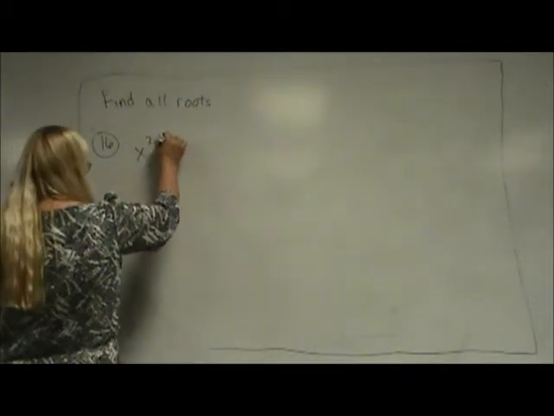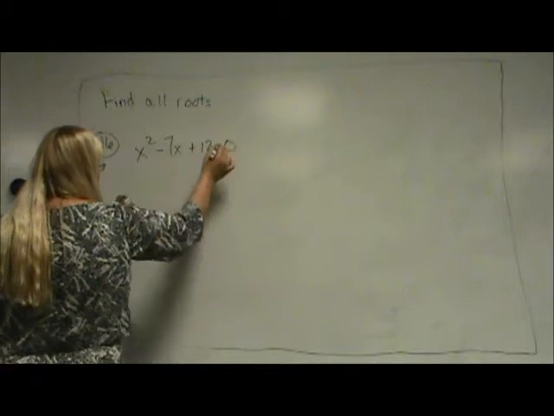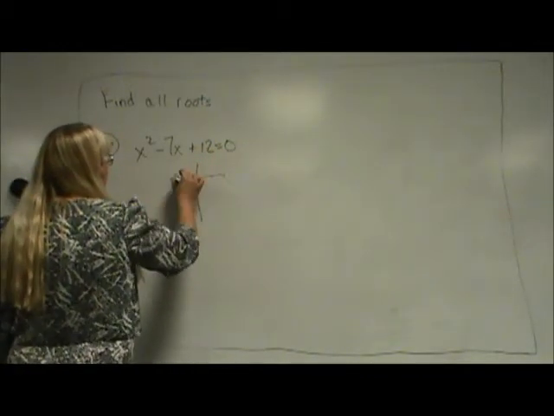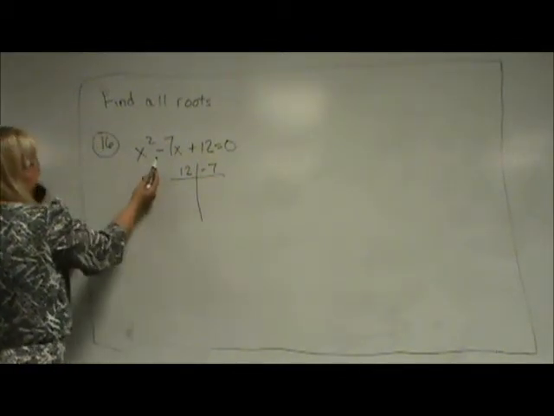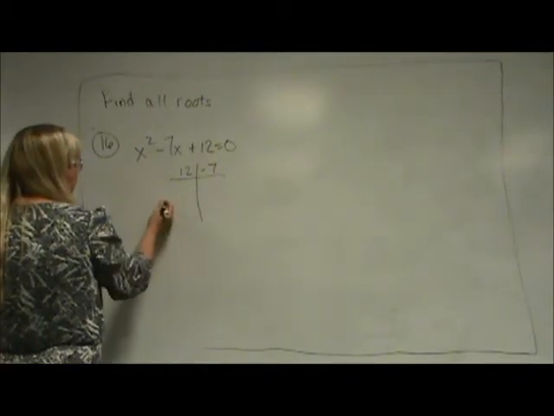x squared minus 7x plus 12 equals 0. Let's try the t-chart. 12, negative 7. Since I want a negative middle term and a positive c, I'm going to need to use 2 negatives here.